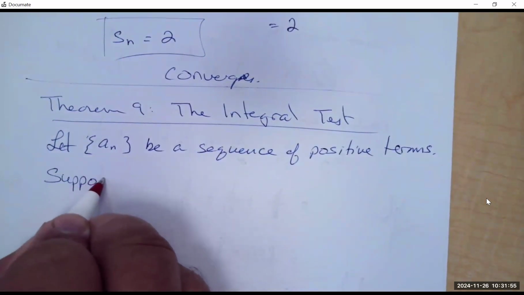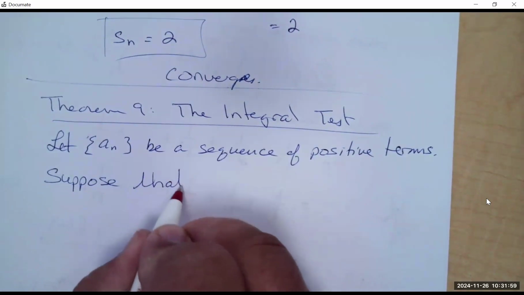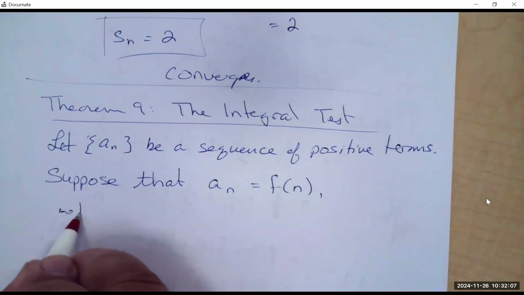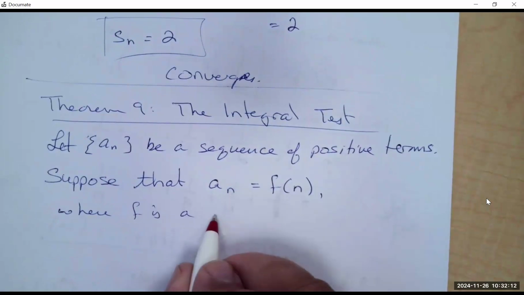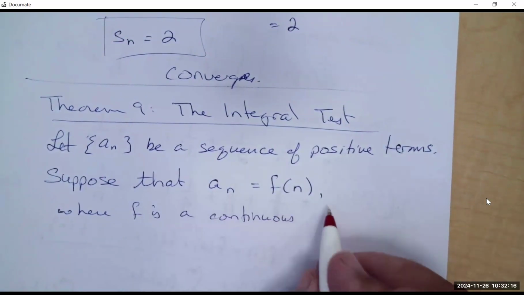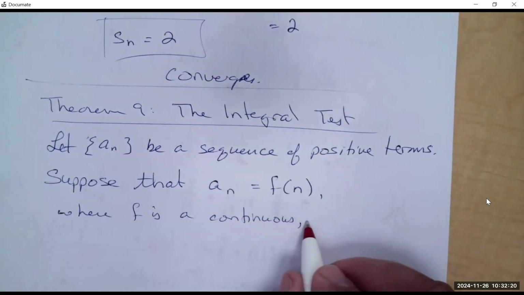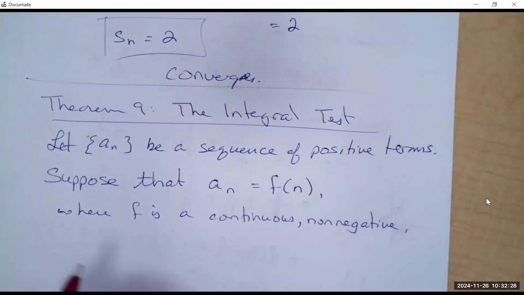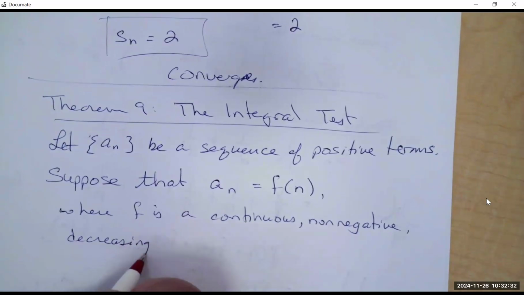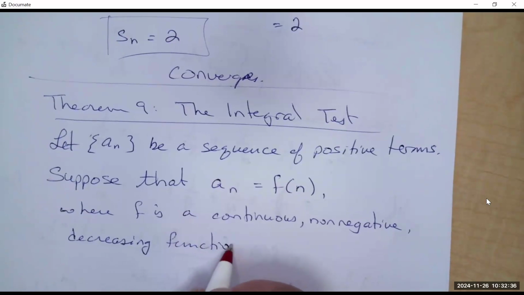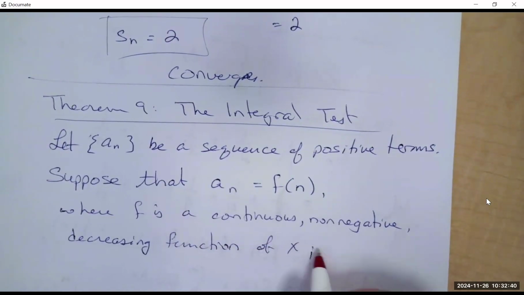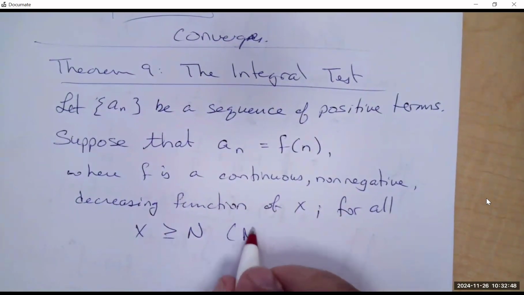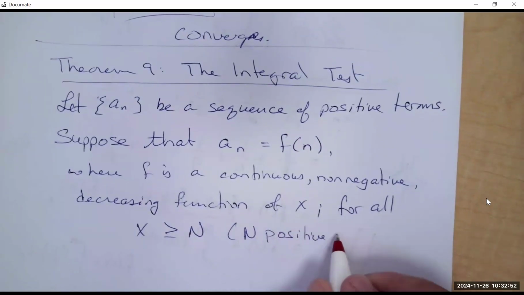Then suppose that a sub n is equal to the function at n, where f is a continuous, non-negative, decreasing function of x for all x bigger than some value N, where N is some positive integer.